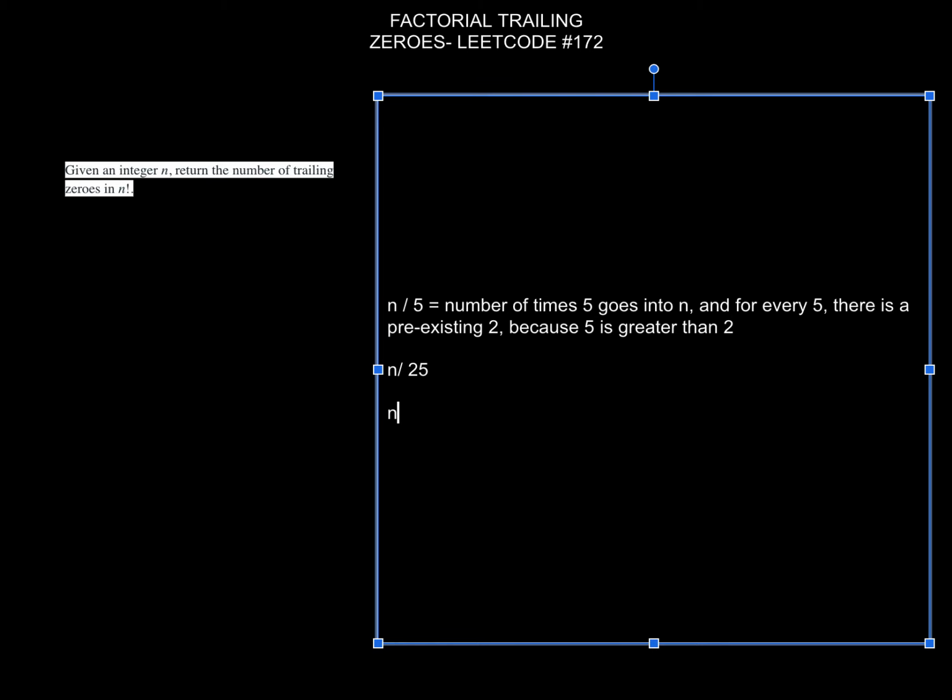And similarly, we would need to divide n by 125 depending on the number. So for numbers less than 125, we would end up getting n over 125 to be equal to 0 when rounding down, and that's exactly what we would need.